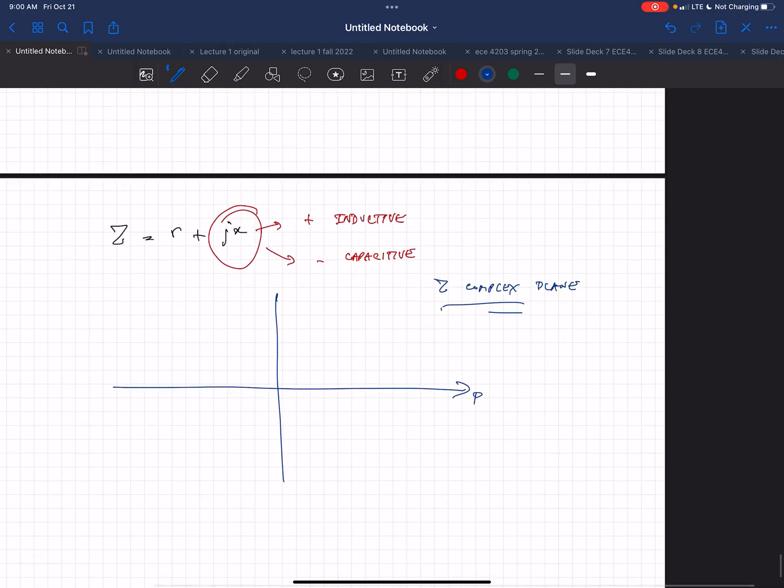So this is the real part of Z, which is equal to R, and this is the imaginary part of Z, which is equal to X.